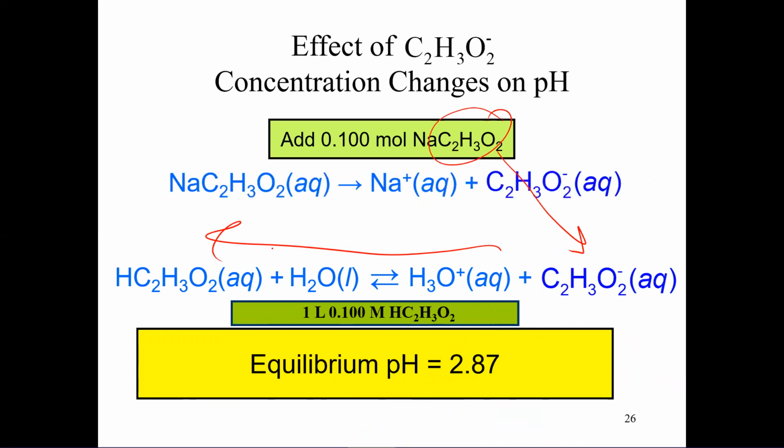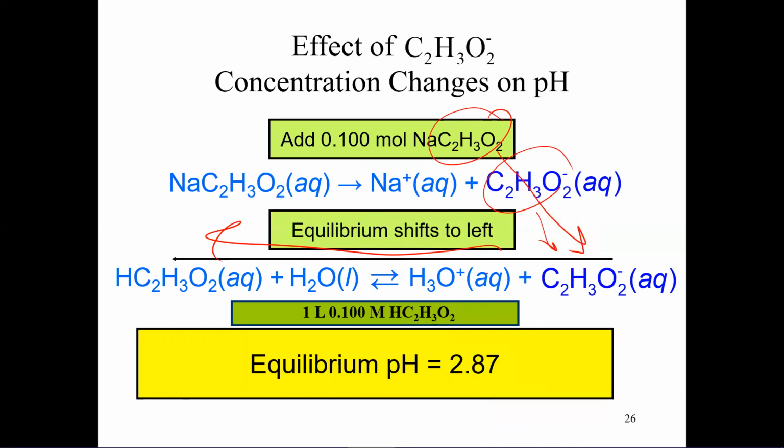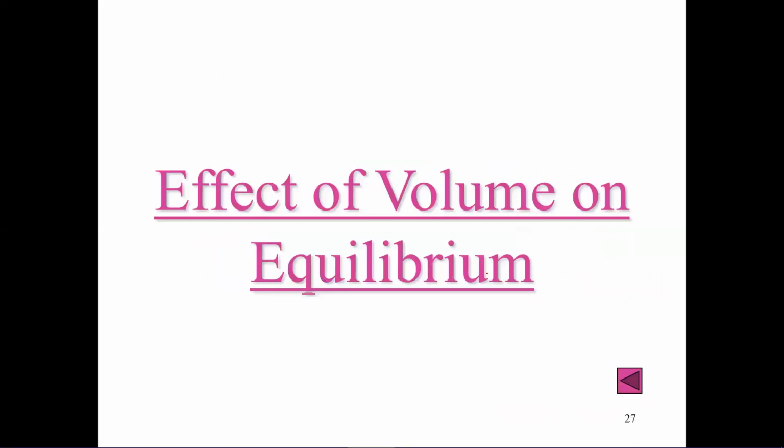Because you have this extra ion here and you're putting more in on that side, it will drive it to the left. So the equilibrium shifts to the left there, and the new pH will be 4.74. You add extra there, it goes higher to 5.05.